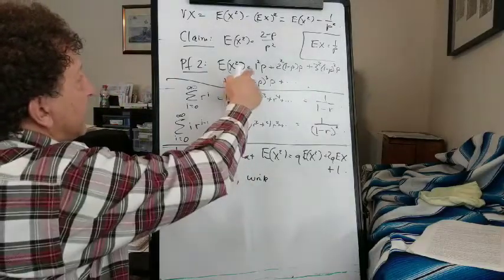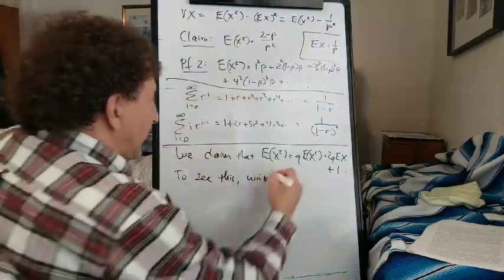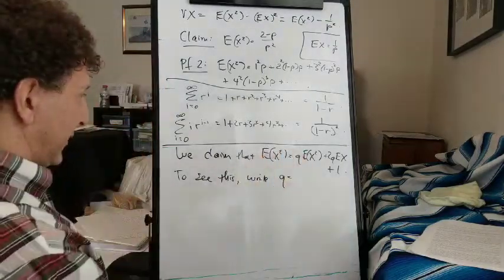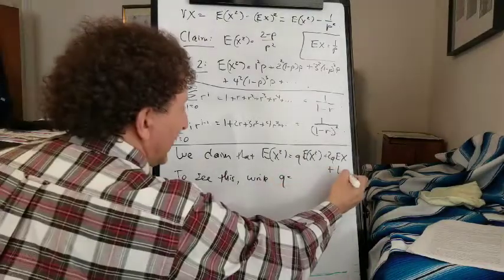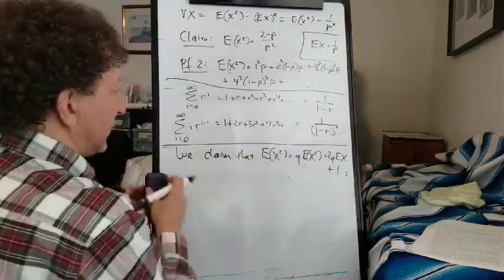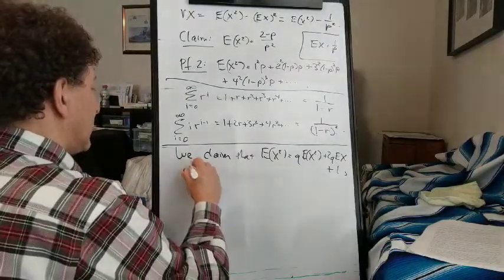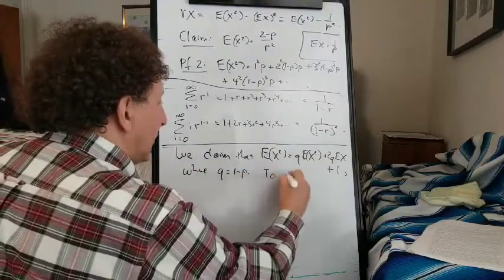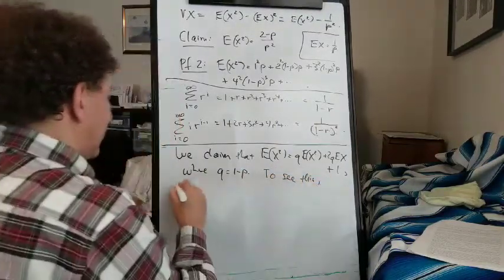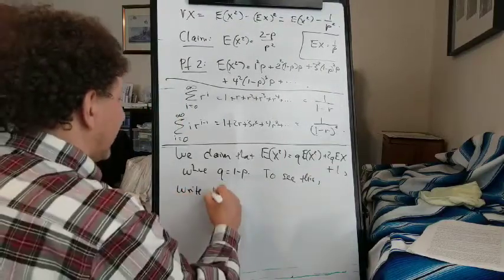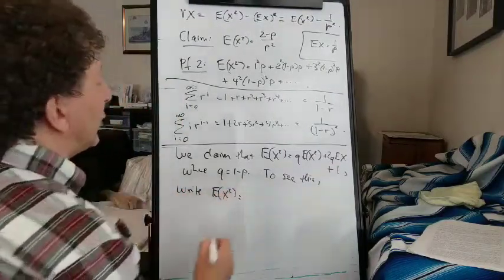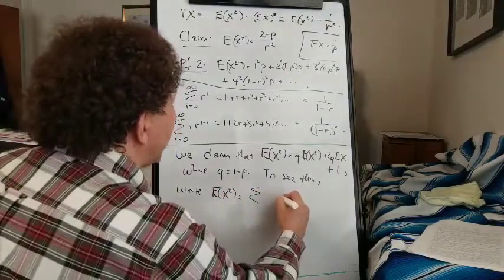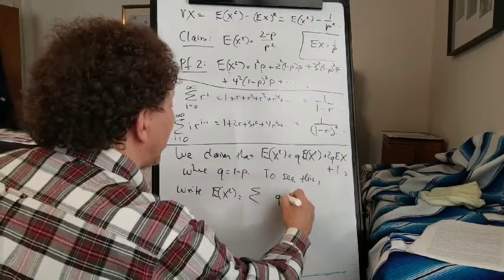So to see this, we'll write the sum in summation notation, where q equals 1 minus p. We'll write expected value of x squared equals a sum of something times q to a power times p.